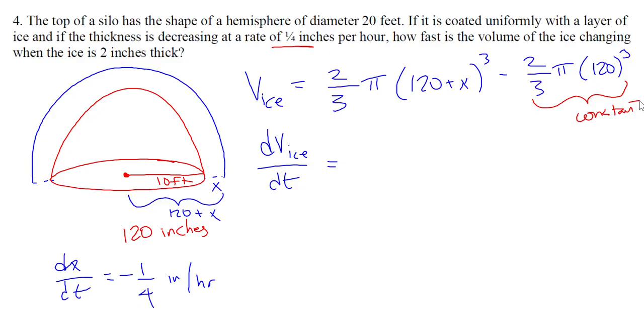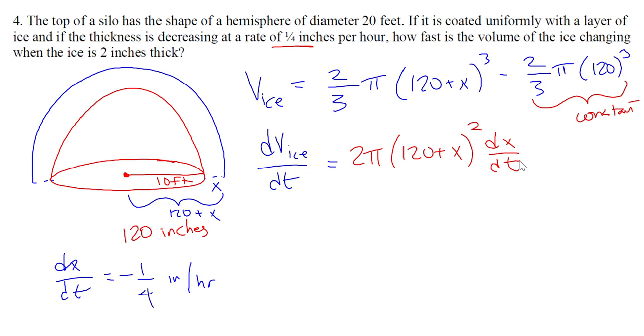And so what we're left with then is 2/3 pi times the 3, which is just going to be 2 pi times 120 plus x to the second power, times the derivative of 120 plus x, which is just 1, and then multiplied by dx dt. So then we just need to plug in the information that we have.